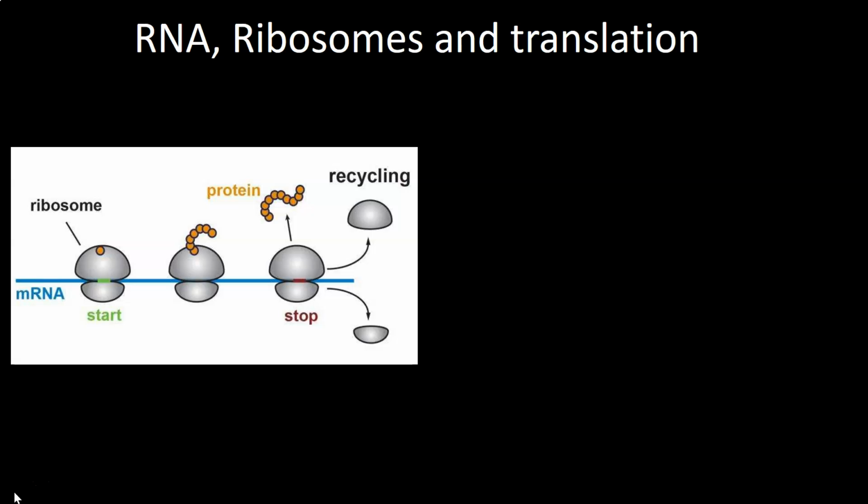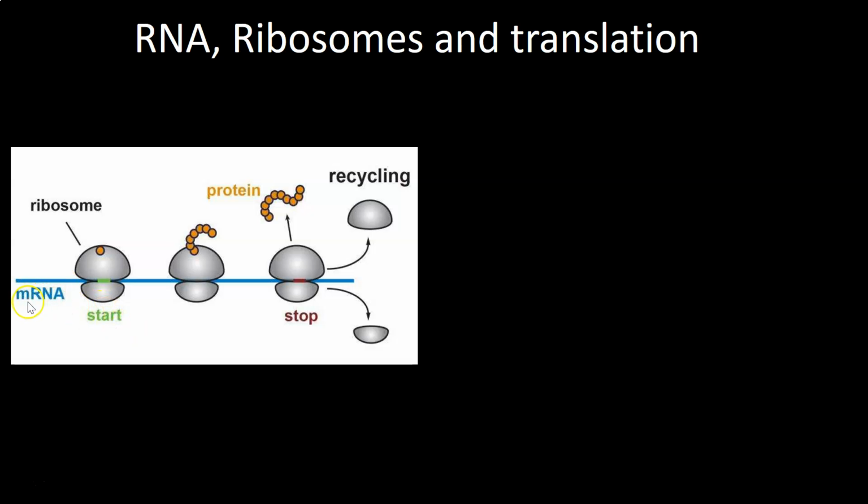So in the previous slide, I just introduced two things, ribosomes and translation. Let me talk a bit more about ribosomes and translation here, and look at the relationship between RNA, ribosomes, and translation. These are the ribosomes, which actually sit on the RNA molecule. Now it says mRNA here.